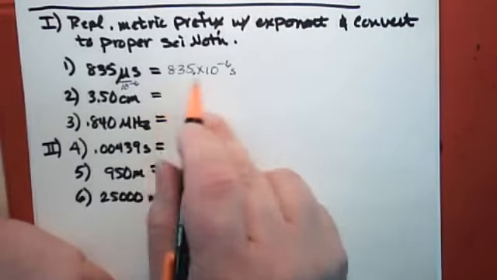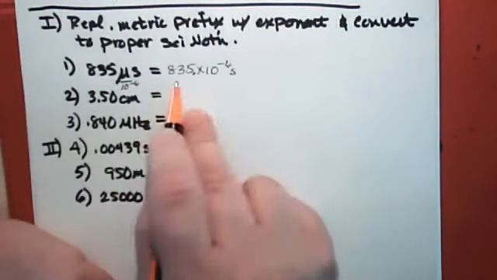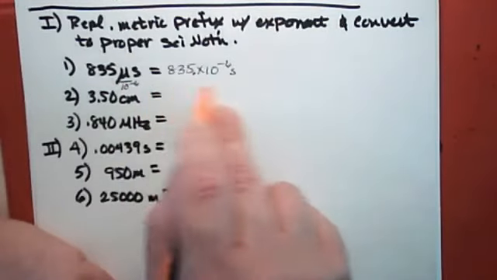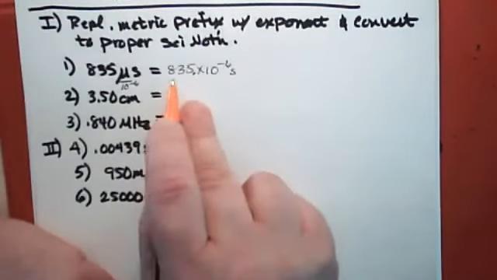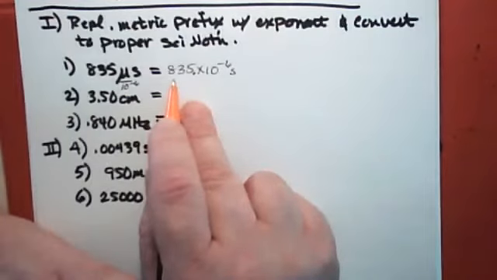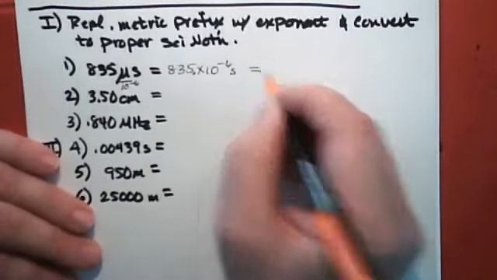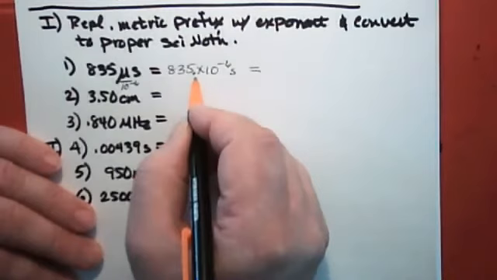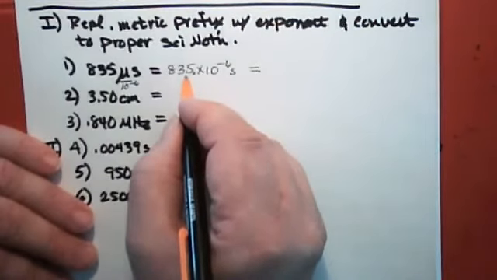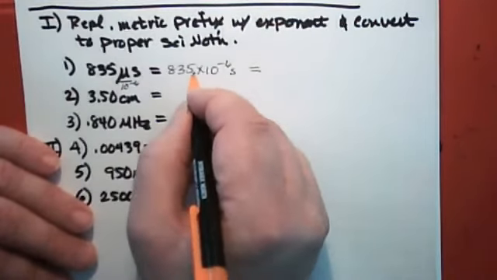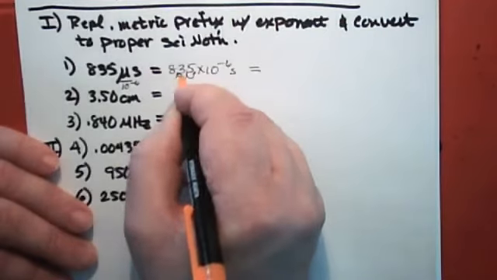Now, this is equivalent to this, but this is kind of an in-between state, which is neither proper scientific notation nor the proper decimal form. So what we can do is change it to scientific notation. The first part of the number has to be between 1 and 10, so we're going to have to move this decimal point 2 places to the left.